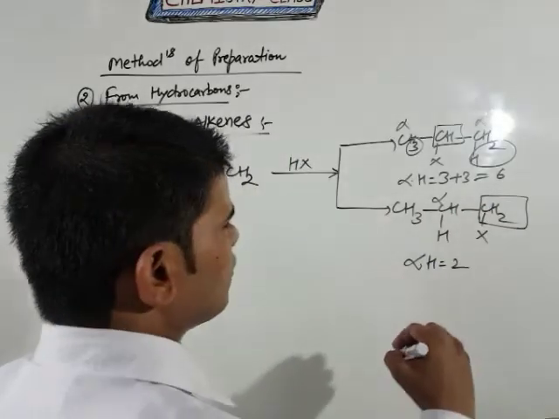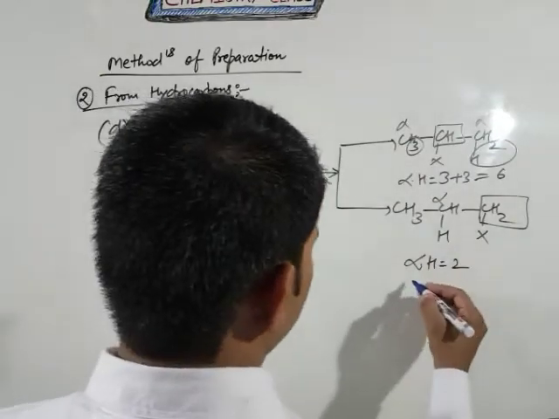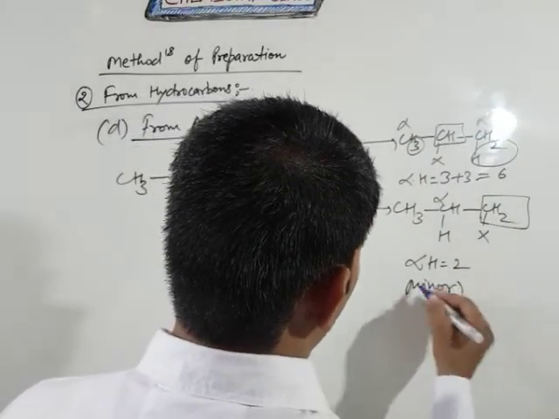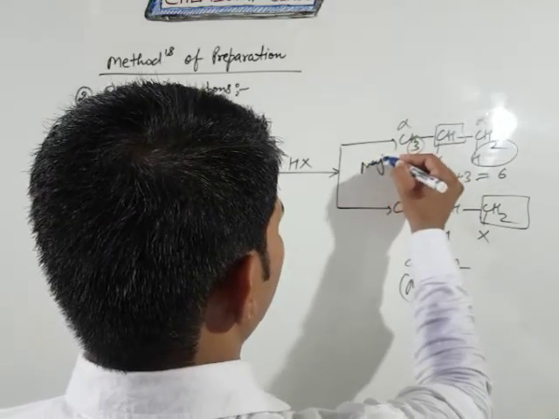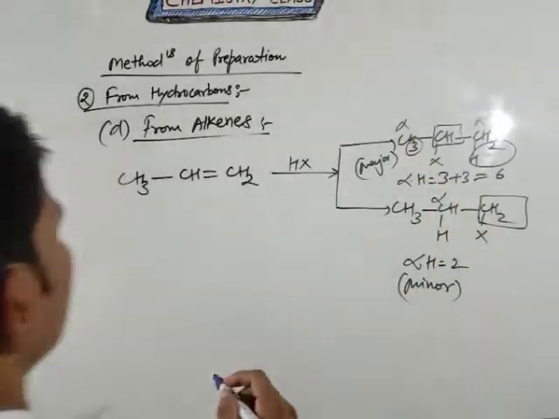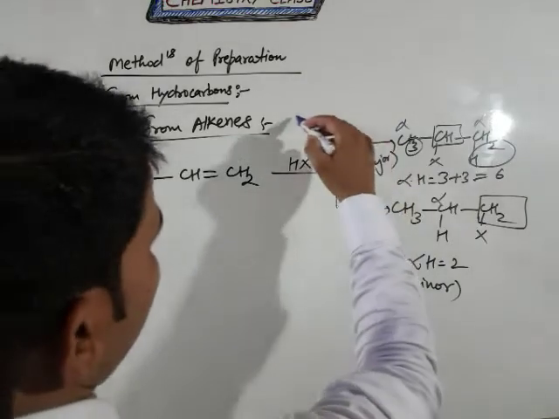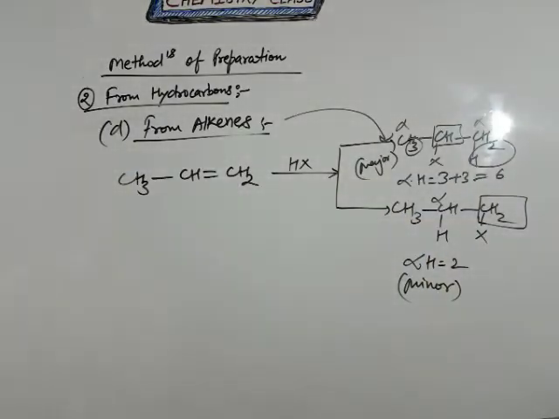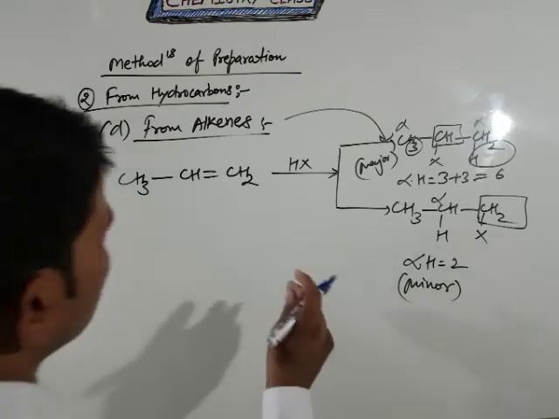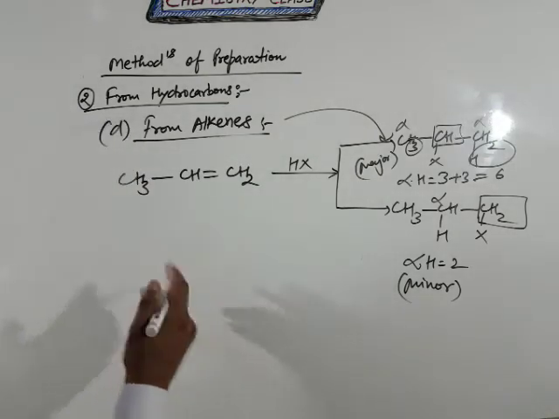So the smaller number of alpha hydrogens gives the minor product, and the larger number of alpha hydrogens gives the major product. So according to the Markovnikov rule, the major product is very stable and the minor product is less stable. Clear? So there is a trick for stating the Markovnikov rule.